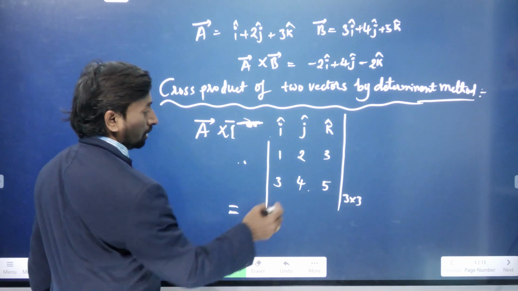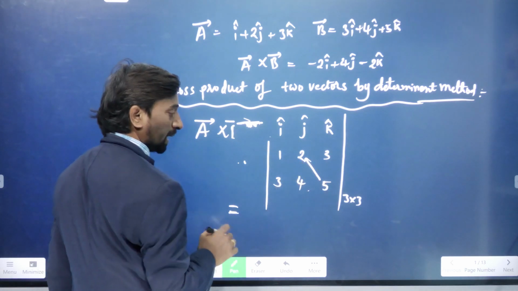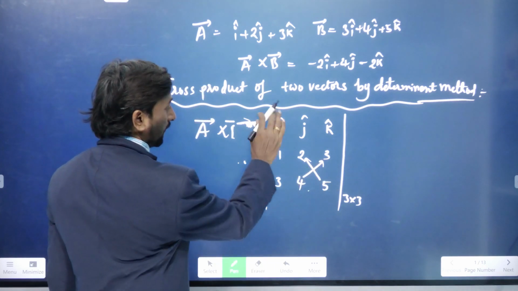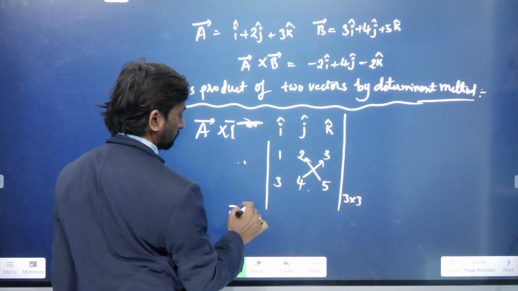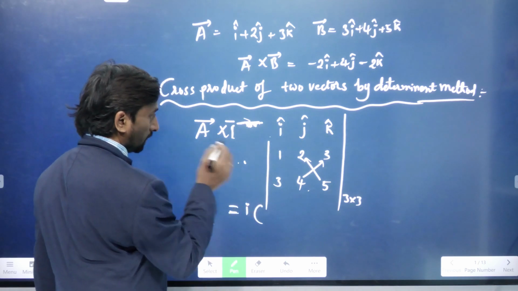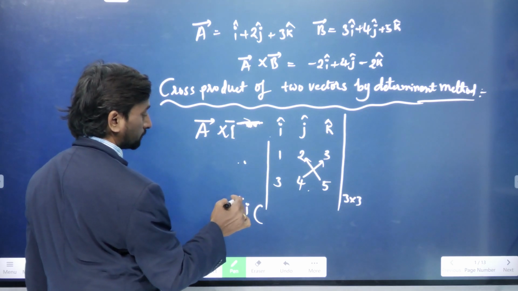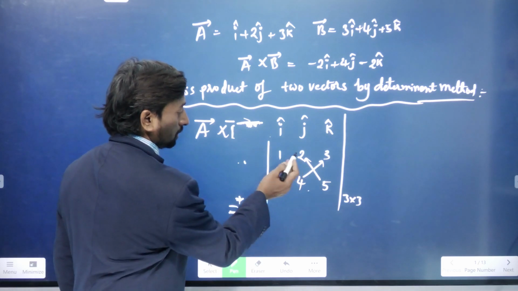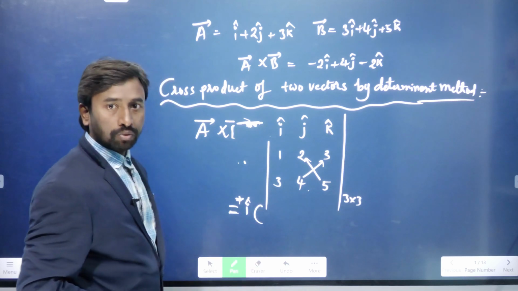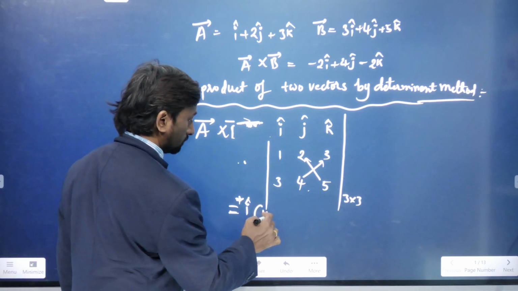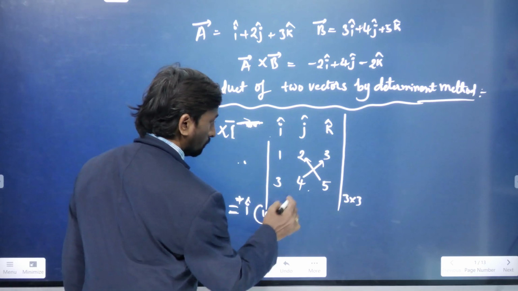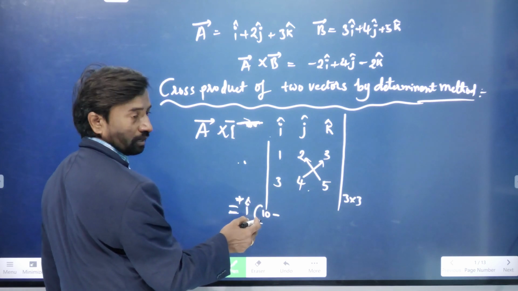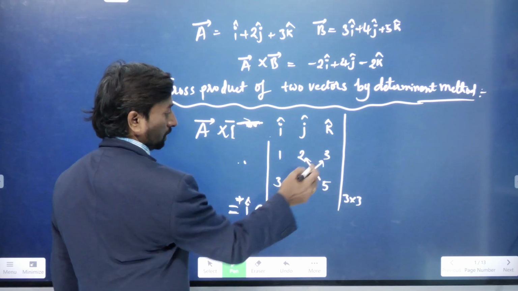We multiply these two and subtract the multiplication of the other two. So we write I cap into, with a plus sign: 2 into 5 is 10, minus 4 into 3, which is 12.